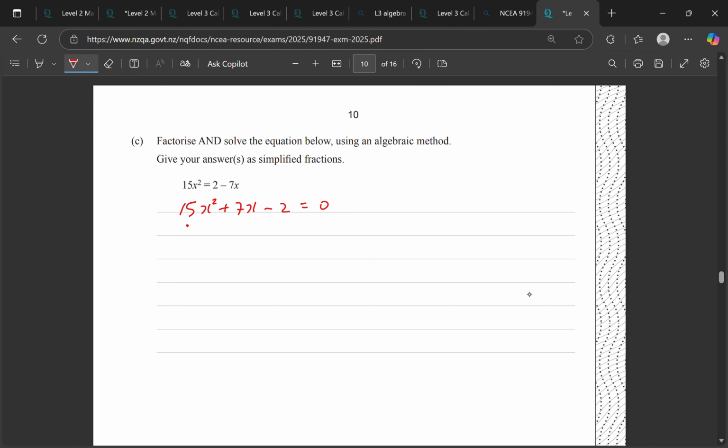So 3 times 5 is 15. 2 times negative 1 is negative 2. 10 and minus 3 add up to 7. Right, match. So we go (3x plus 2)(5x minus 1) equals 0. Hence, x equals minus 2 over 3 or 1/5 should be the answer.